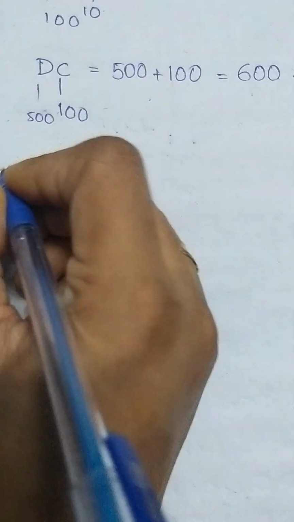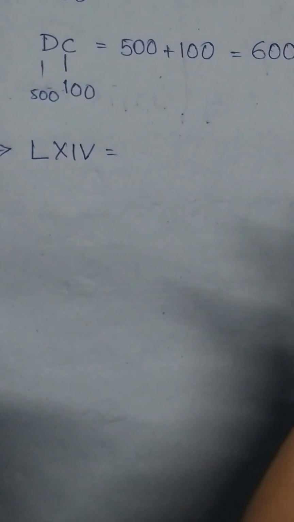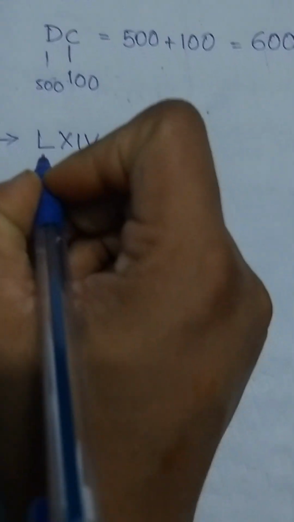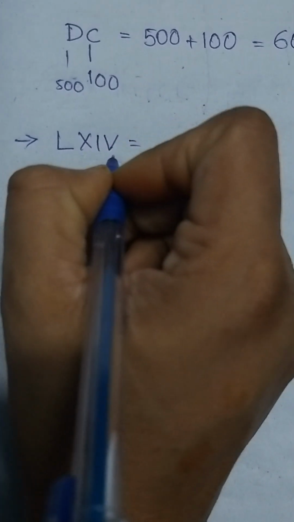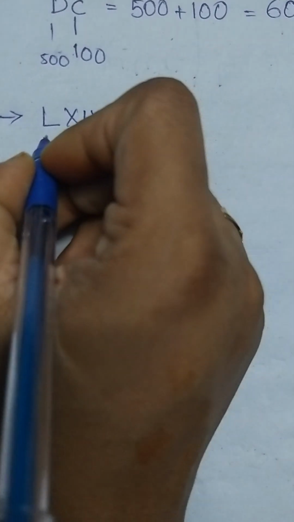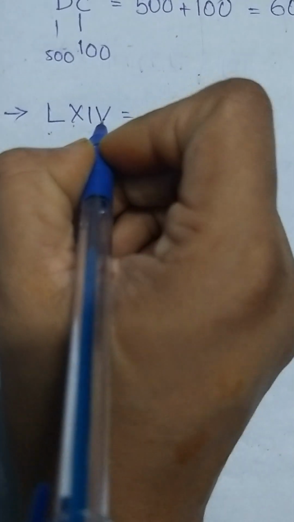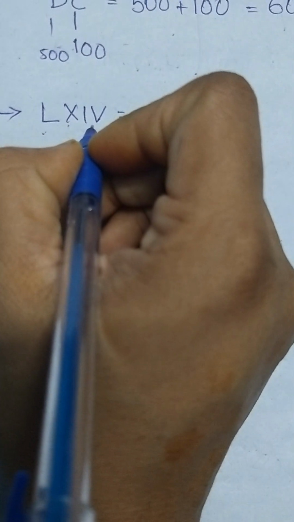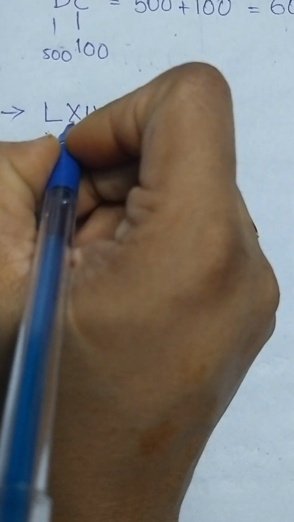I will show LXIV, children. Some example problems are very big. You have to understand first what the values are. First you have to remember what L represents, what X represents. So this is 50, this is 10, and this is 6. What value will come, children?